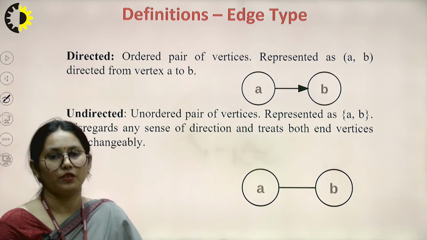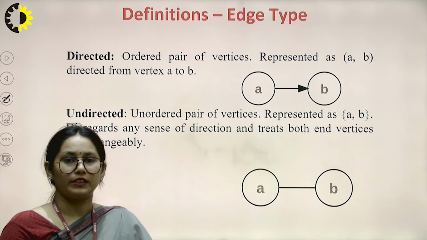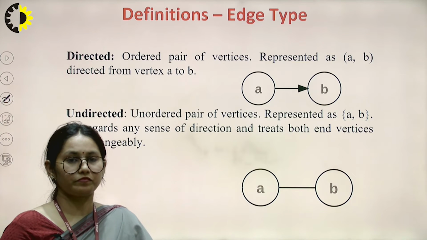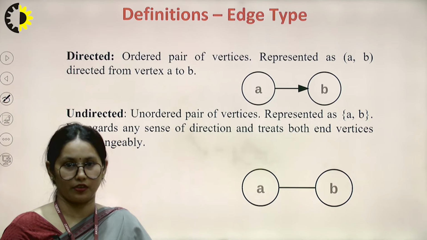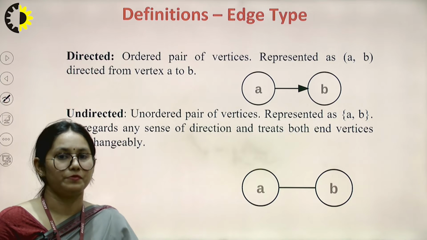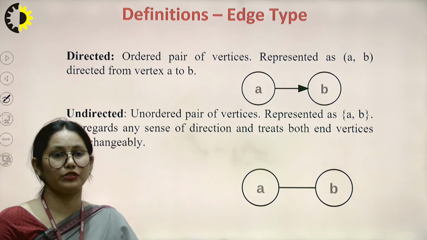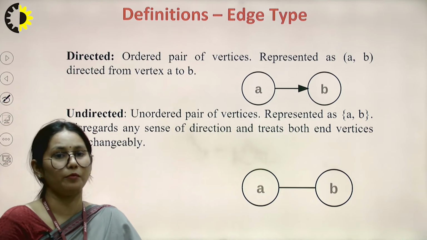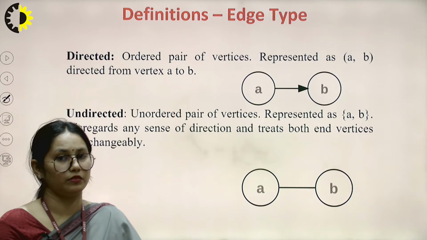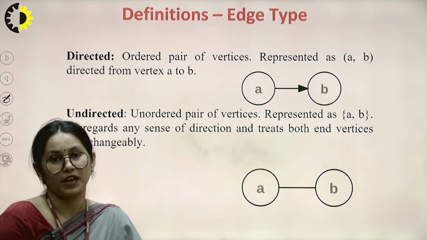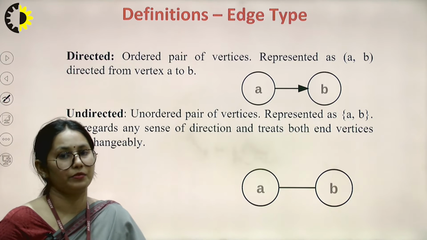When we talk about directed, you have a pair of vertices and there should be an edge directing from one vertex to another. What does it mean? It must have an arrow representation.